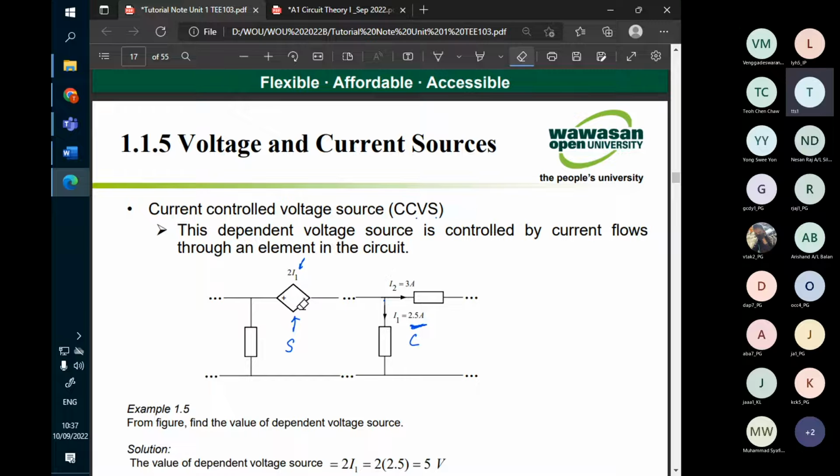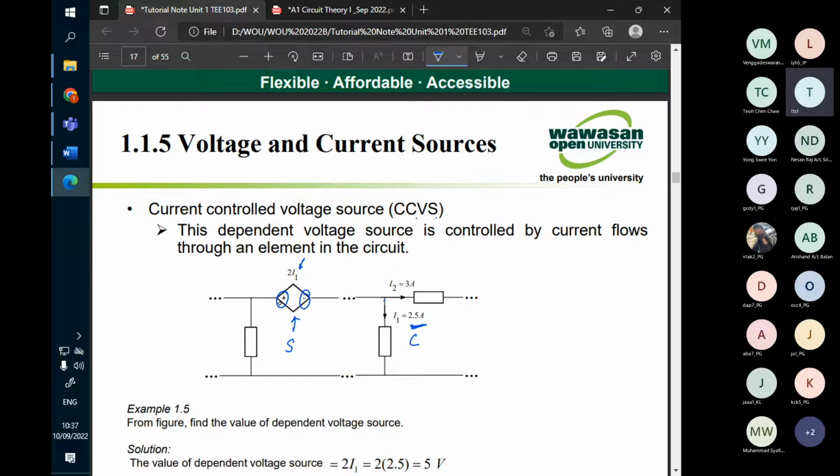When you're dealing with a funny shape like the diamond, even though one of the parameters is I, the answer is not in ampere. The answer should be based on the terminal here, because current doesn't have a terminal, right? Current is a direction of current flow, but voltage is the potential difference between two nodes.